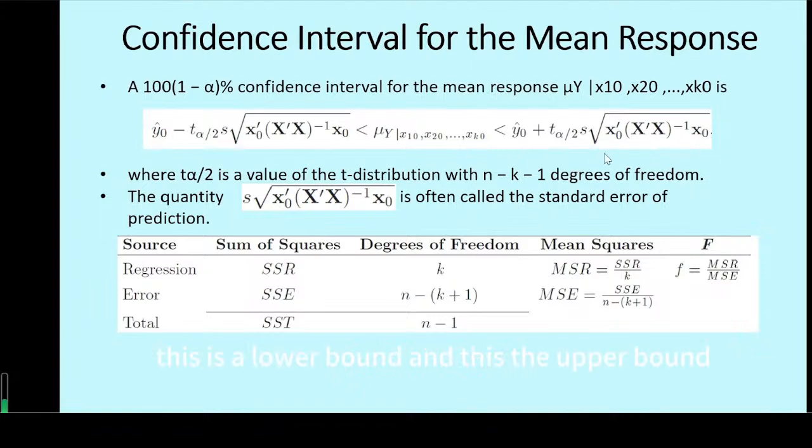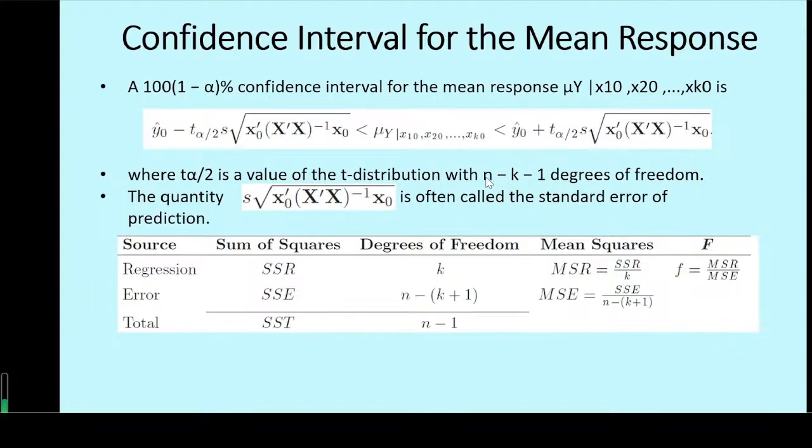This is the lower bound and this is the upper bound. And if we look at this term, t half alpha is the critical value of the t distribution with n minus k minus 1 degrees of freedom. K is the number of parameters, how many independent variables are in the model.